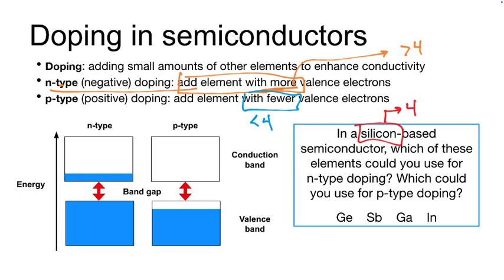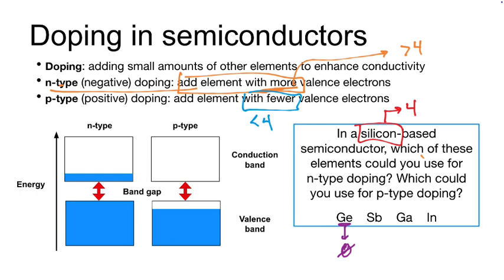I would argue this question sets you up to kind of get confused right away. Okay, why is that? Because as soon as it starts off, the very first thing it gives you is Ge. Is Ge to the left or right? It's directly underneath. Does it have more or less? No, which means it's not going to work as a dopant. Okay.